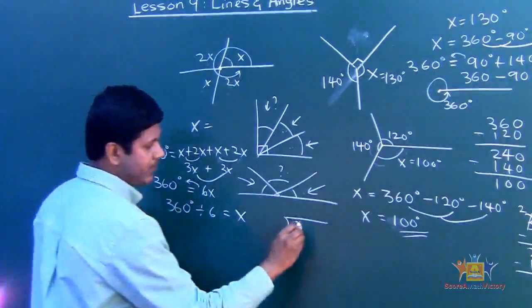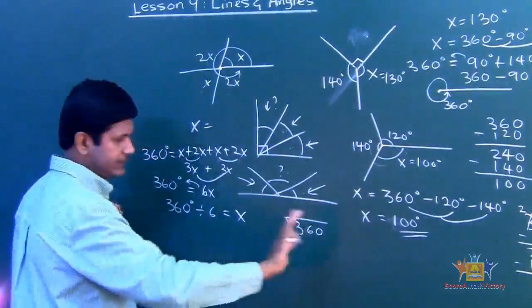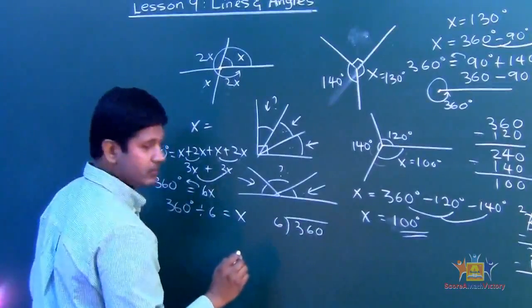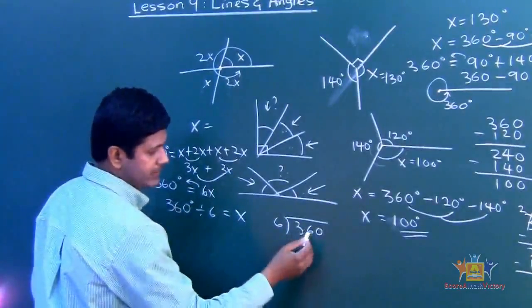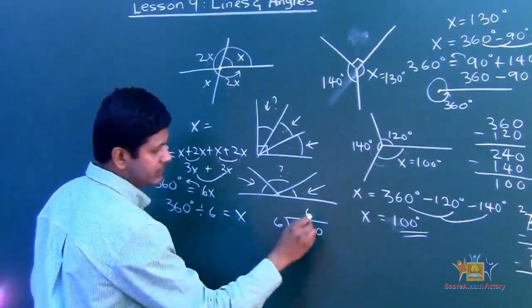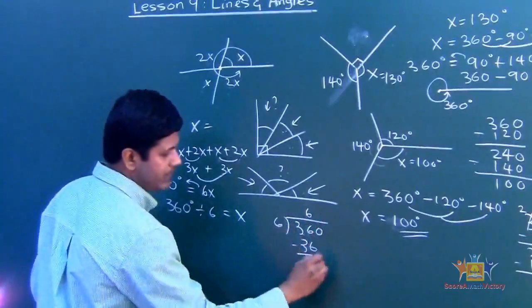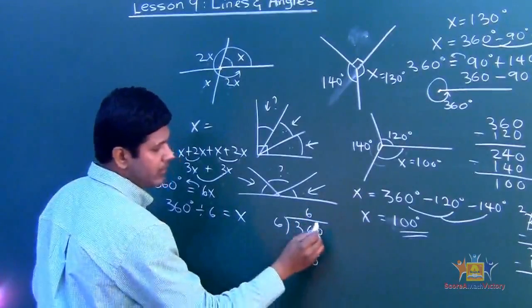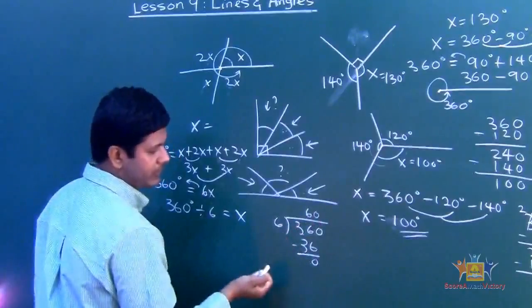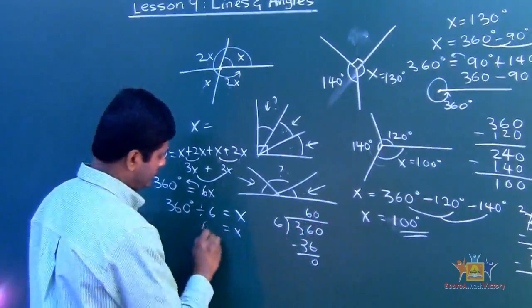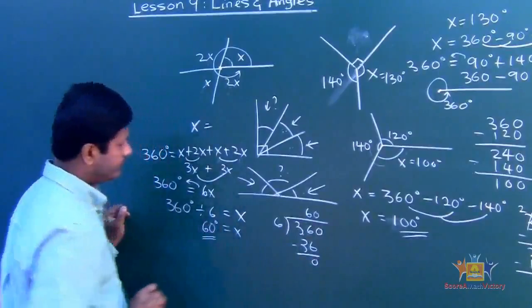I put 360 inside, and 6 outside the cage. 3, I cannot, go to the next digit. 36, that's how many 6? 6 times 6 is 36. Minus gives me 0. I bring the 0 up. So x equals 60 degrees.